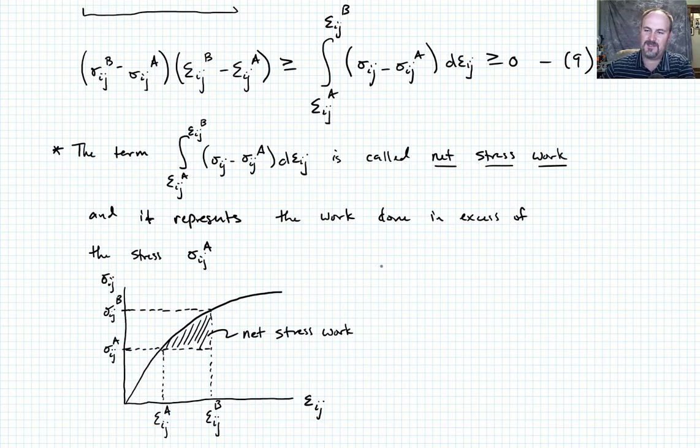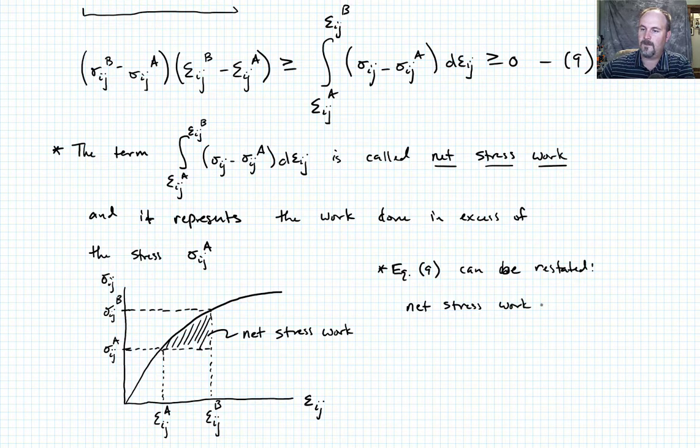In mechanics or mathematics speak, we're going to say that equation 9 can be restated: the net stress work is what's called positive semi-definite. And all that means is that it's greater than or equal to 0, right? So this value is greater than or equal to 0.